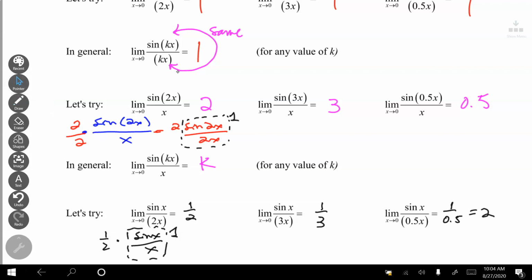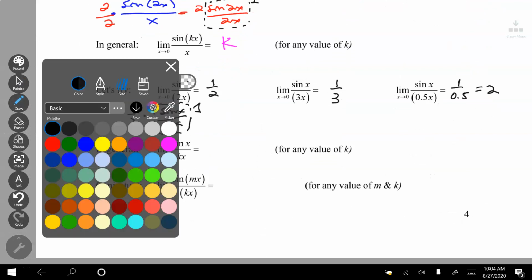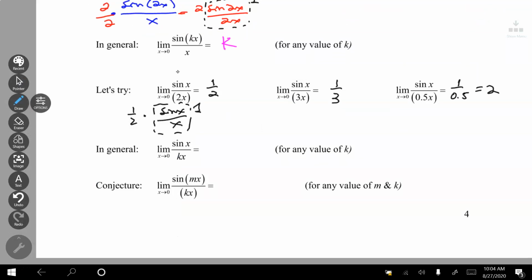So my conjecture is sine of x over kx is really 1 over k, and better yet, when I have sine of mx over kx, well, I have an m here on top and a k here on the bottom. So it's all based on the limit as x approaches 0 of sine of x over x is equal to 1. Next page, we're going to try some examples.